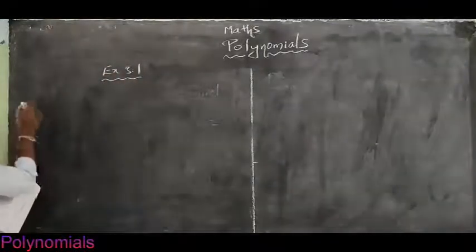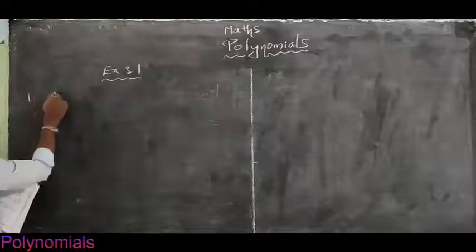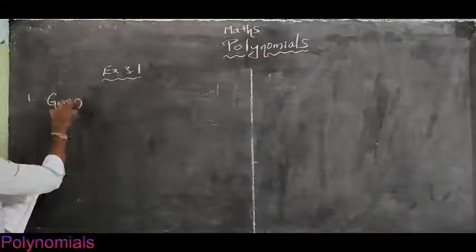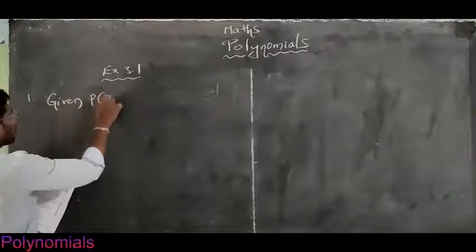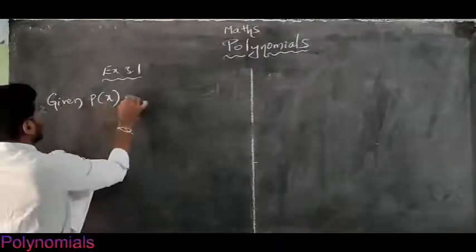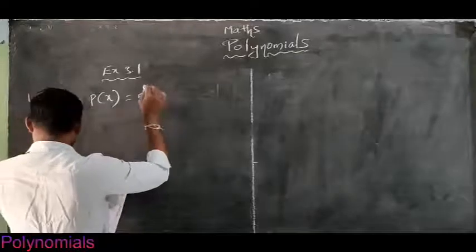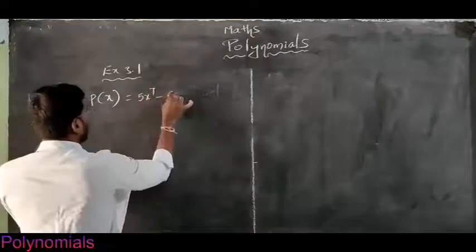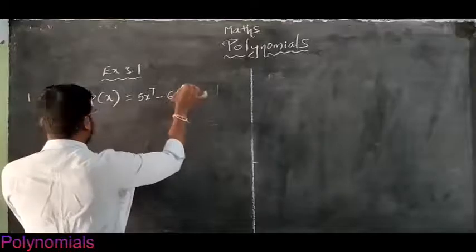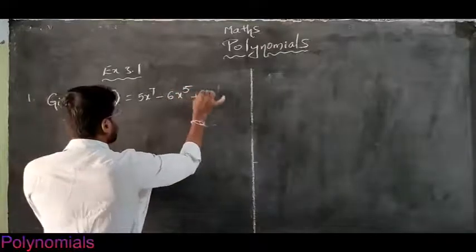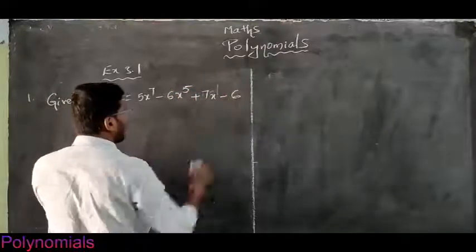In exercise 3.1, in this first bit, he has given p of x equals 5x to the power of 7 minus 6x to the power of 5 plus 7x minus 6.